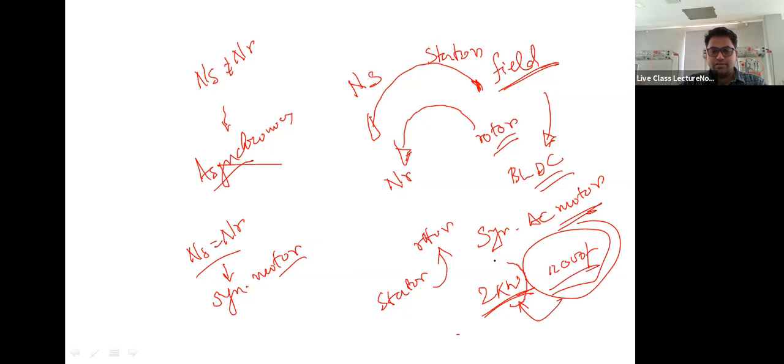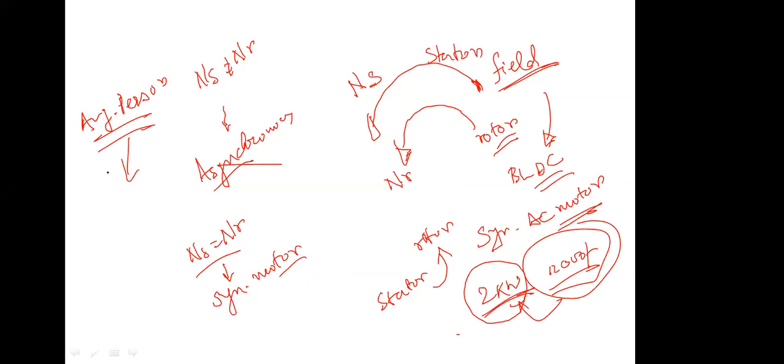Anyway, it is a 2 kilowatt motor, enough to take care of 4 to 5 people. To pull one person, how much wattage of motor do you need? An average person, if you want to pull him using an electric motor, how much wattage do you need? 5 watt? 5 kilowatt?